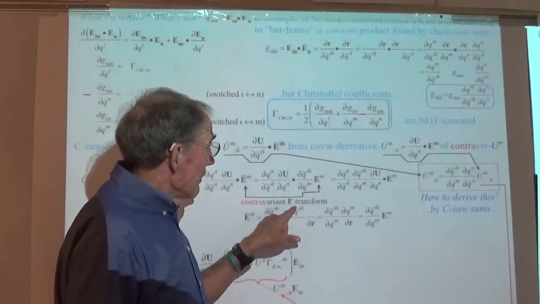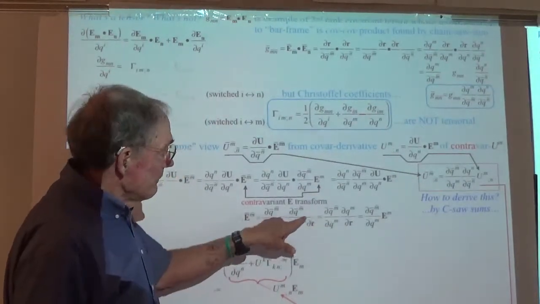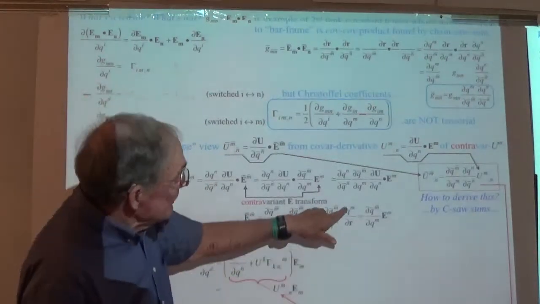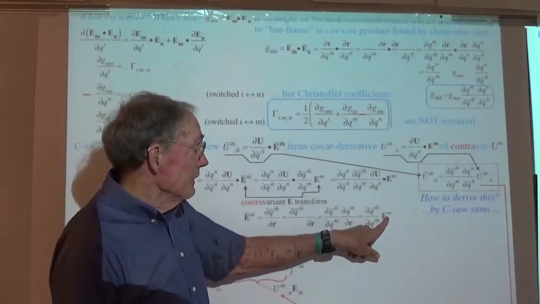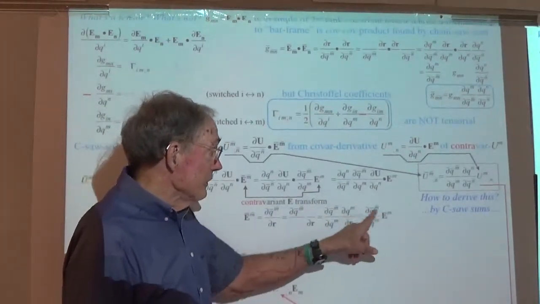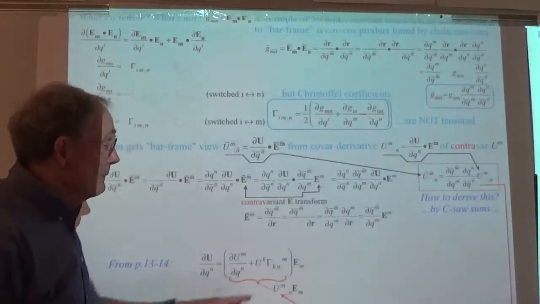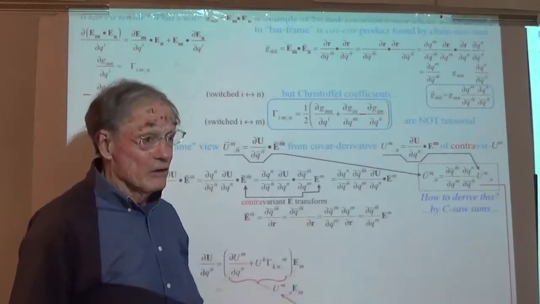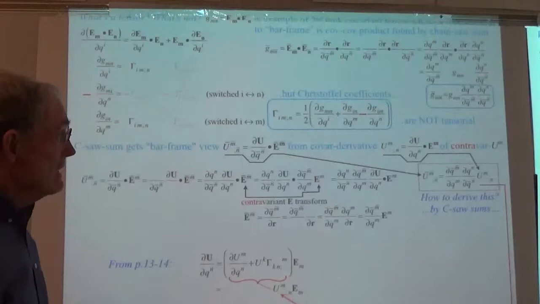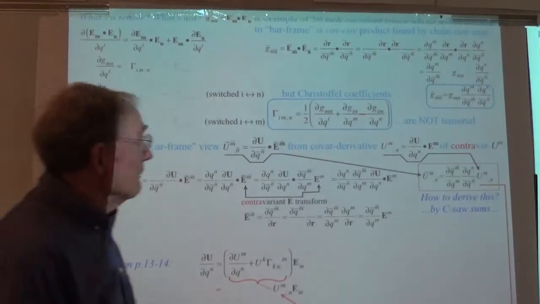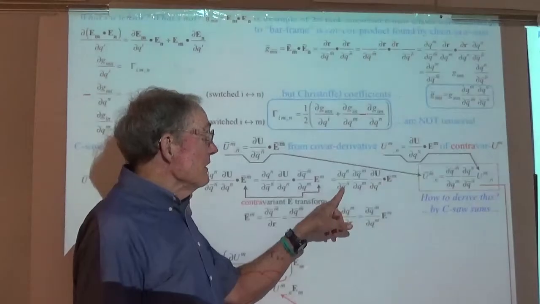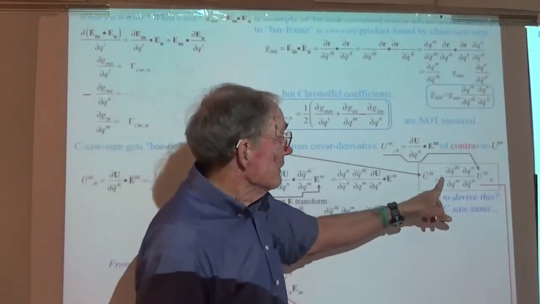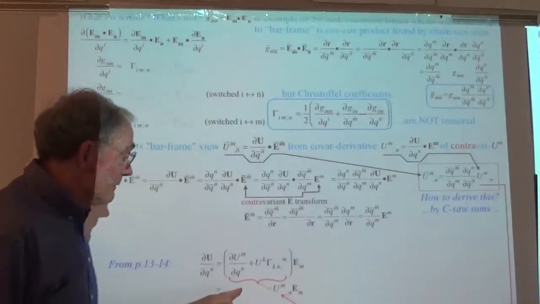Here, I started with that thing, sawed it apart, put in a sum over the unbarred coordinates. And this one right here is a contravariant. It's got a thing in the numerator, so it matches it straight away. Remember, this is a gradient of a coordinate, right? That's what the contravariant is, normal to it. So once I've done that, I've got the two Jacobians that I need, one with Q bar downstairs and one with Q bar upstairs to match covariant and contravariant respectively. So there's the derivation of that, okay?